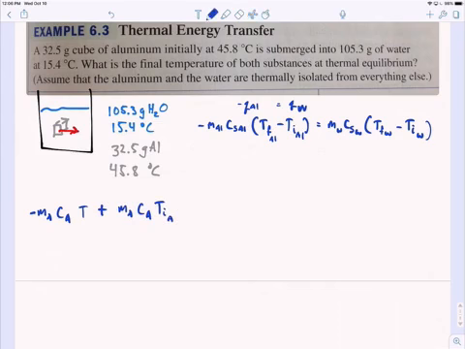People have nightmares about doing math in front of people. What I've done here is just FOIL it, multiplying this through to both those terms, so the negative becomes a positive. Then we get mass of water, heat capacity of water, T final, minus mass of water, heat capacity of water, T initial water.